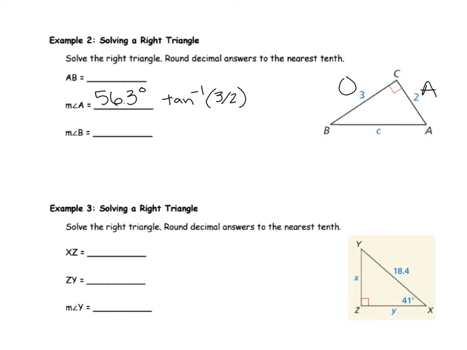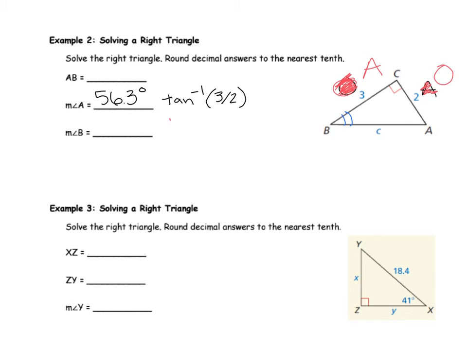All right, now to find the measurement of B, let me change this. So B is here, and this is no longer correct because now we're looking at B. Across from B is the opposite, and what's next to it is adjacent.